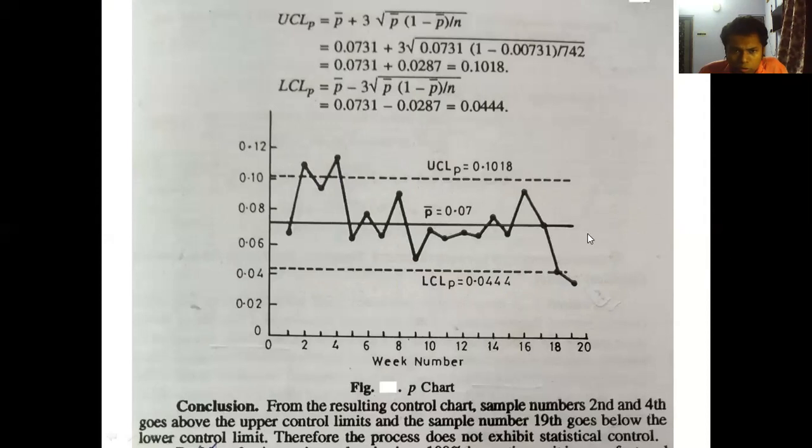Okay, so therefore the process does not exhibit statistical control. This is the conclusion that you can derive from it.